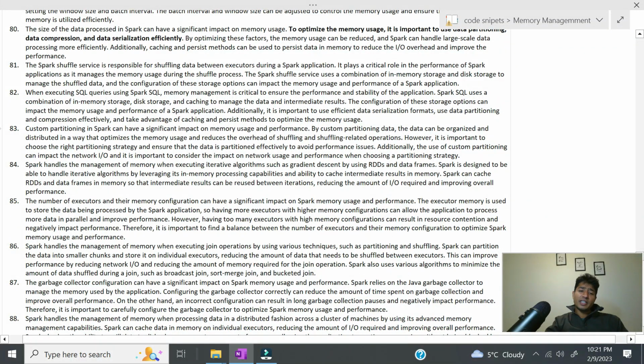How are SQL queries executed and how is memory managed in SQL queries? When executing SQL queries, memory management is critical to ensure the performance and stability of the application. Spark SQL uses a combination of in-memory, disk storage, and caching to manage the intermediate results. The configuration of this storage can impact the usage and performance of the Spark application, right?